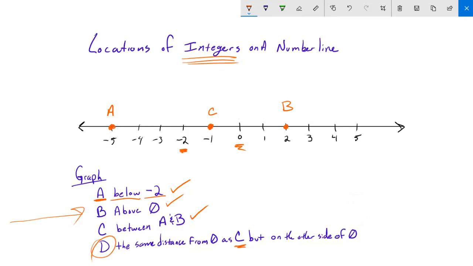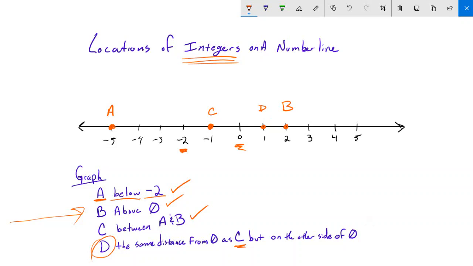So C is 1 unit from 0. So I'm going to plot D the same distance from 0, so 1 unit from 0, but on the other side of 0. So 1 unit, and that would be right here. Okay, so that would be D.